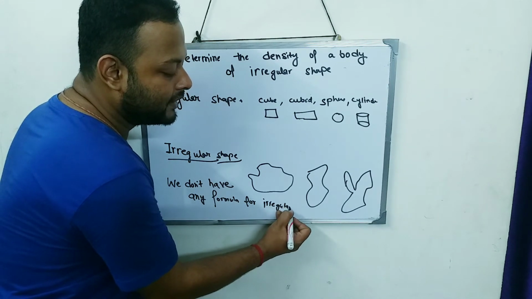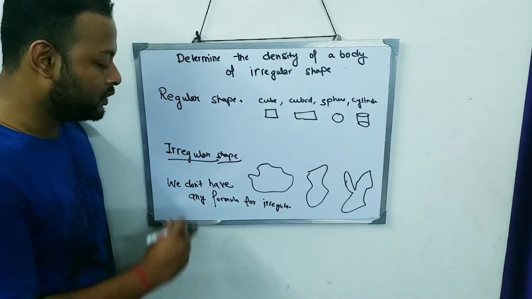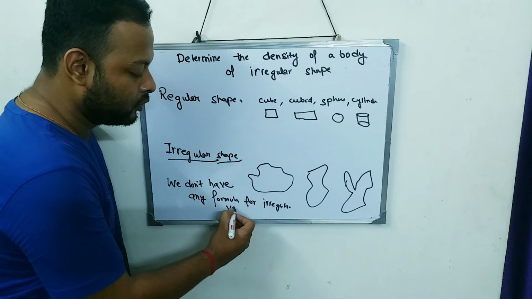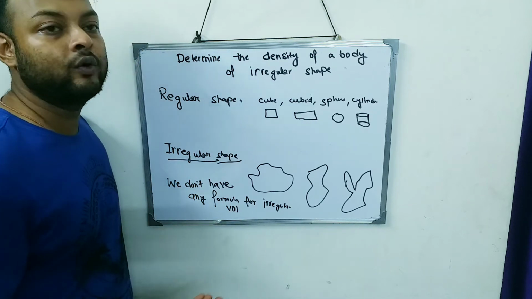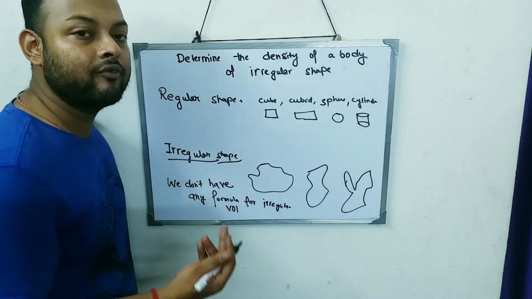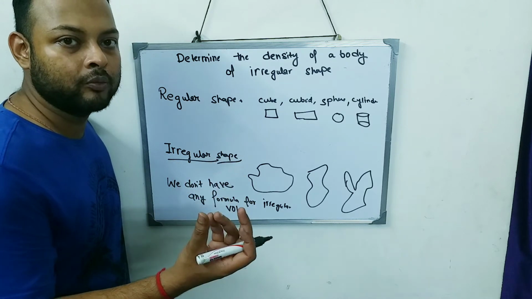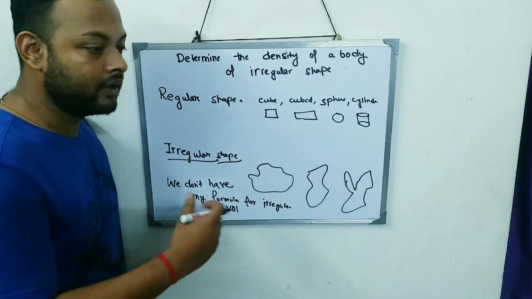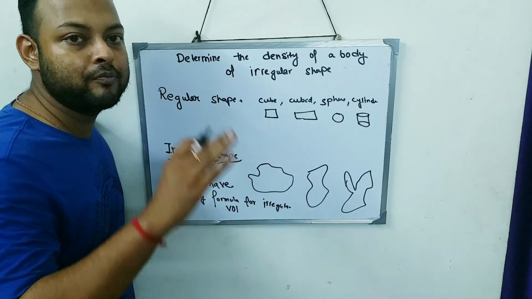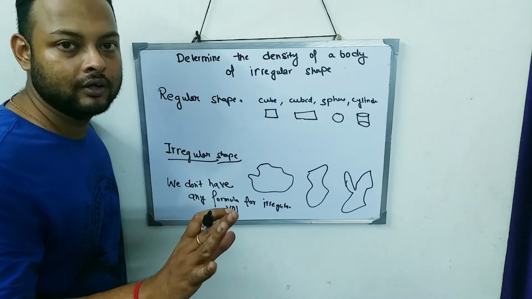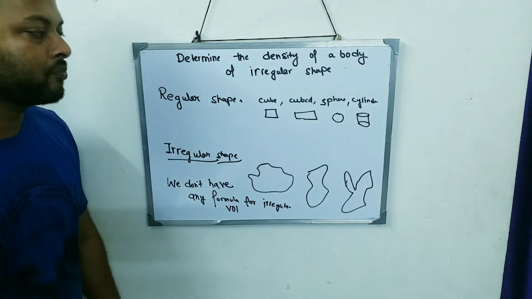So that is where the problem comes. We don't have a formula of volume for the irregular shape. For regular shapes, we have formulas to calculate the volume. But for irregular shape, we don't have any formula, and to be honest, it is not possible to find a formula for any irregular shape.